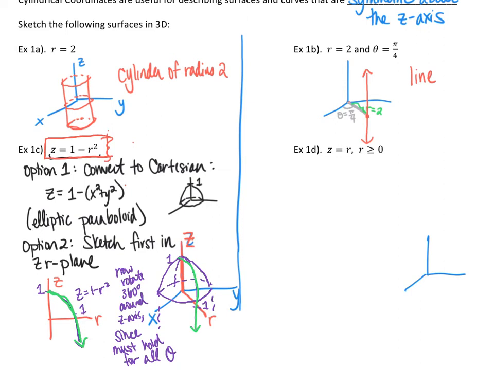Okay, we can do the same thing here in 1D. So let's actually skip to that option first. In 1D, I can also just sketch the ZR plane. And so I'm just going to do it for positive r again. And we can see this is just going to be a line in my ZR plane.